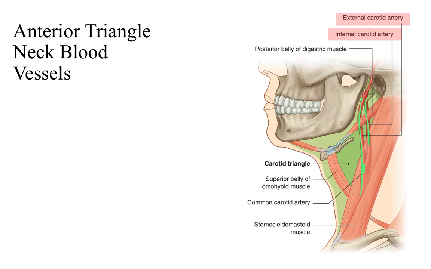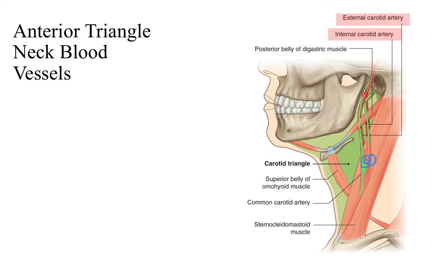Notice that it branches off into the internal and external just inferior to the border of the sternocleidomastoid muscle, and there's a little dilation here at that bifurcation, and that is known as the carotid sinus, and we have already talked about that in physiology. That's where the baroreceptors and chemoreceptors are located that detect changes in blood pressure and pH.